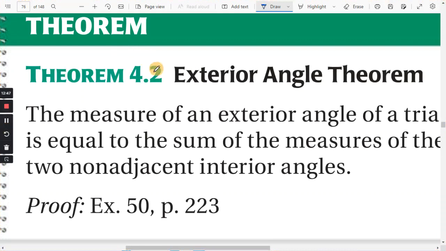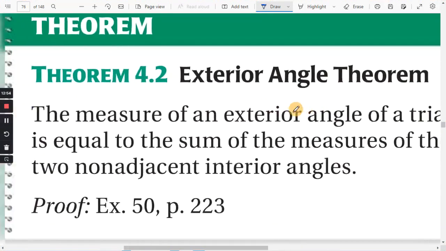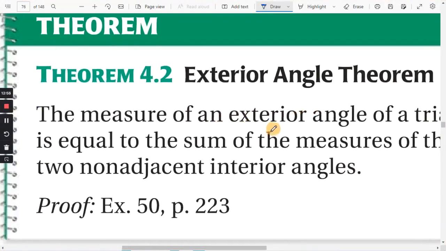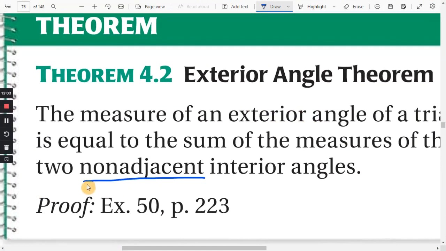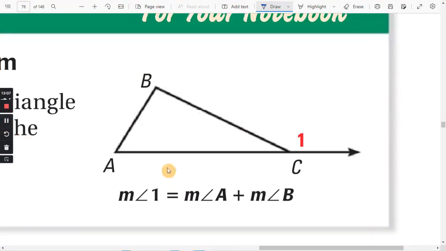Theorem 4.2, exterior angle theorem. The measure of an exterior angle of a triangle is equal to the sum of the measures of the two non-adjacent interior angles. Remember, this says non-adjacent. So angle 1 right here is an exterior angle.